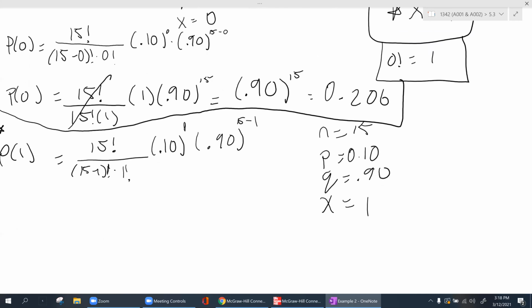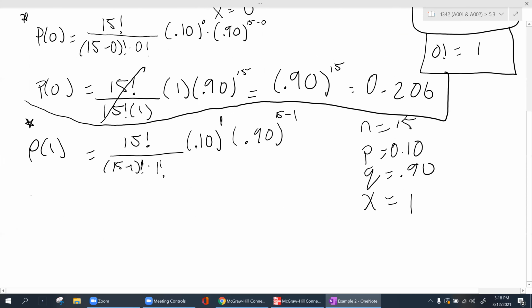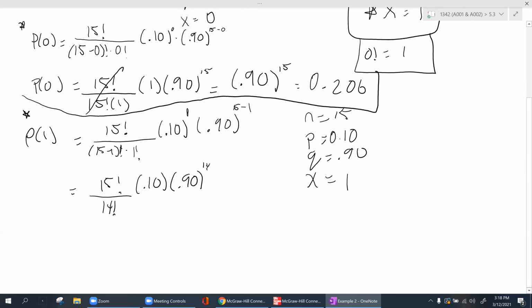Let's see what this gives us. This ends up giving me 15 factorial over 14 factorial times 0.10 times 0.90 raised to the 14. Similarly to before, this is 15 times 14 factorial over 14 factorial times 0.10 times 0.90.